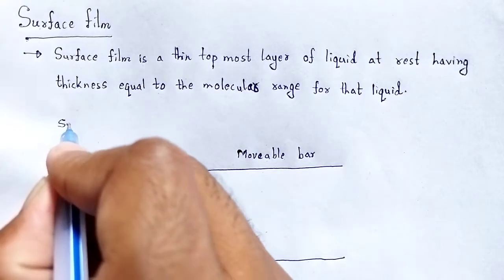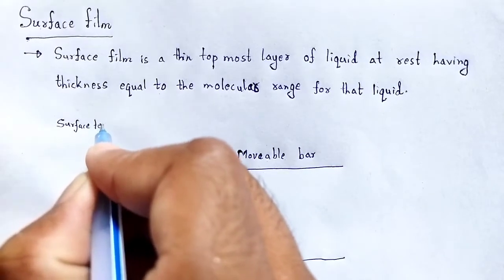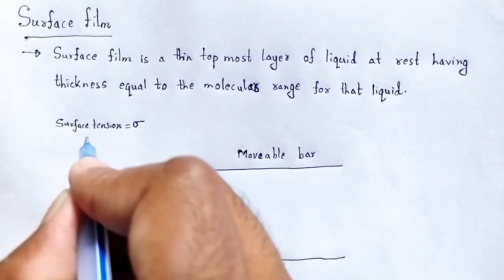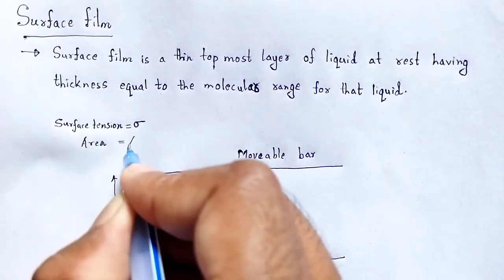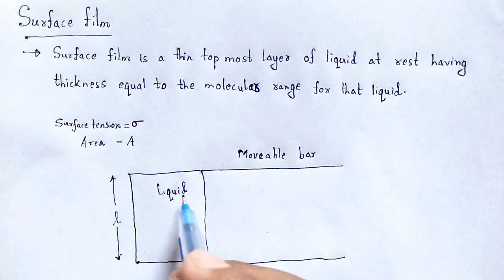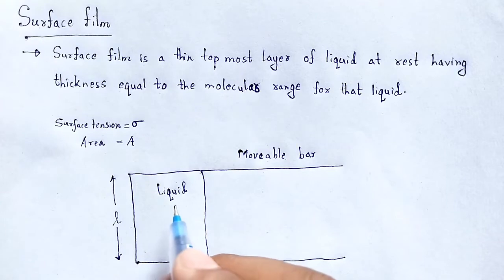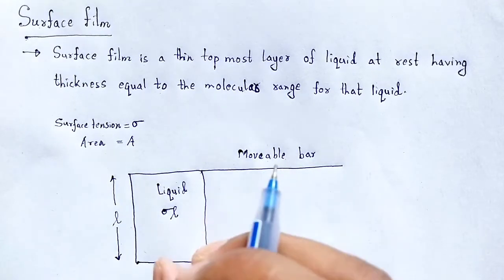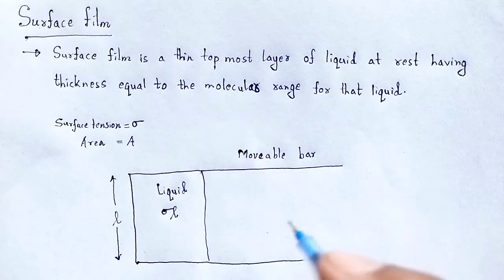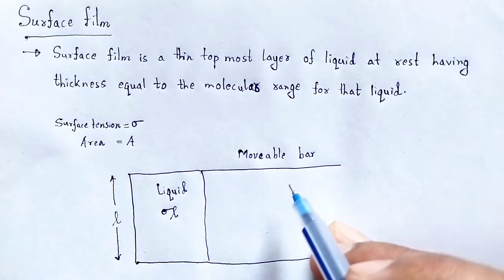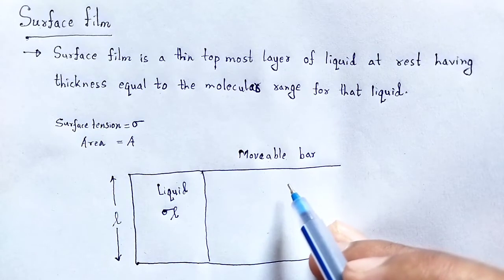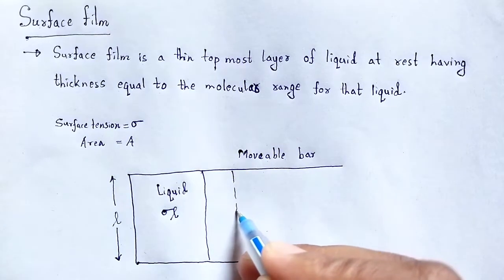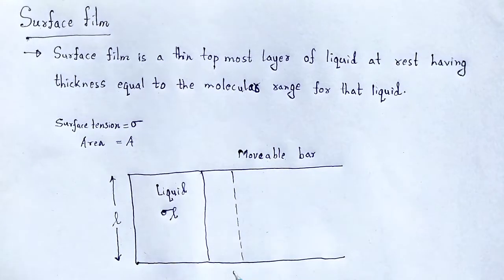The surface tension of the liquid be sigma, and the area will be A, length L. So the liquid having surface tension sigma will exert a force of sigma into L. The movable bar is pulled an infinitesimal distance dx.